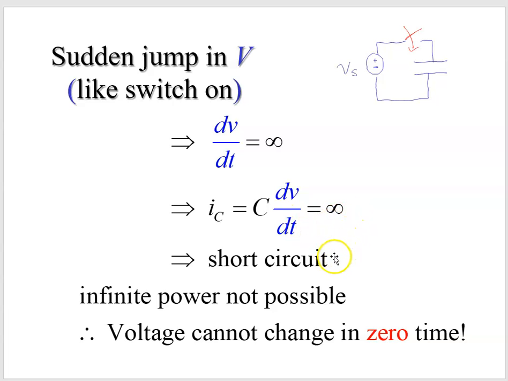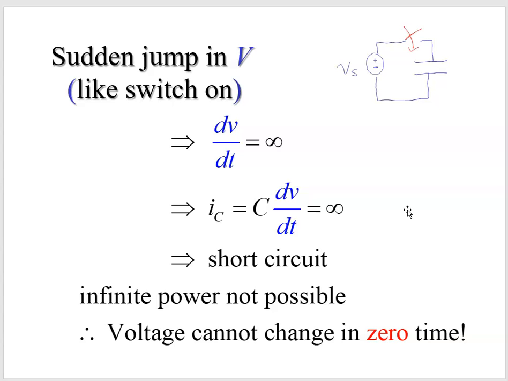The problem with the short circuit is that infinite power is not possible. If we have our current approaching infinity, that short circuit, infinite power is not possible. So the voltage cannot change in 0 time. We can't get infinite current to flow through there.